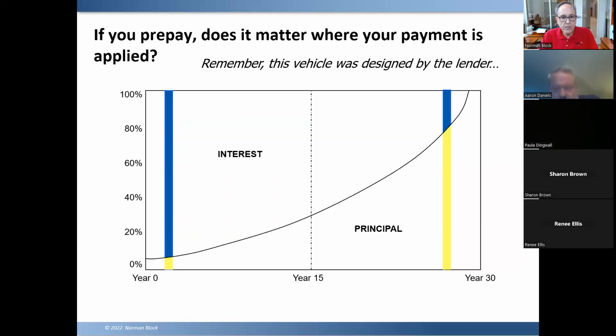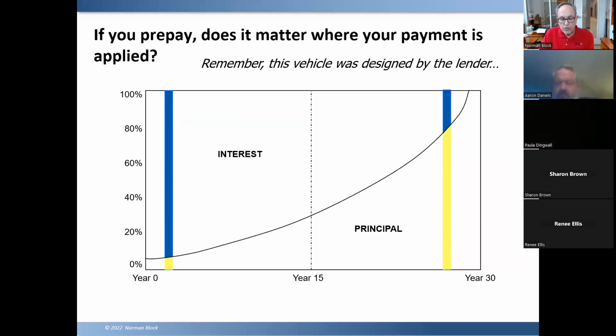Fixed rate means the rate does not change. Self-amortizing means that this loan eventually pays itself off such that when you make the very last payment, the principal is reduced to zero. And mortgage loan means that it's a loan secured by real estate.